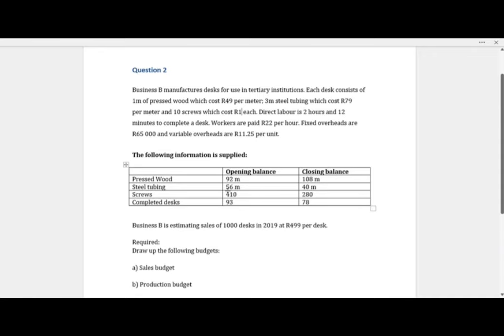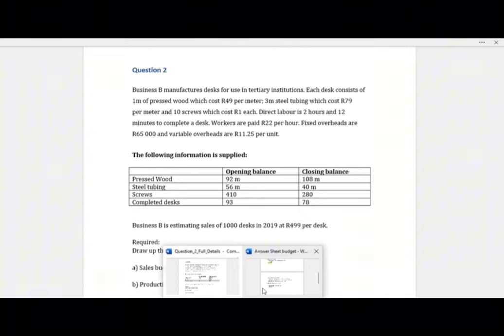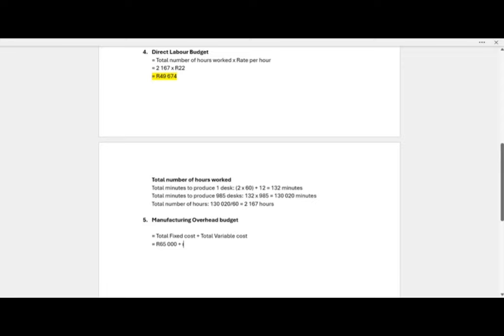So we are required to calculate the total variable cost, which is the number of units to be produced, 985, multiplied by the variable cost per unit, 11 rand 25.